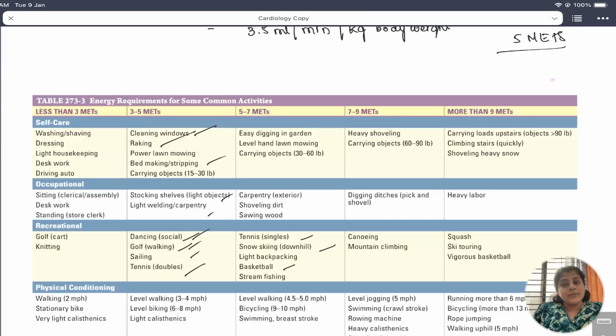Also, if the patient is performing any activity which is more than his capacity of metabolic equivalence, and if this activity is necessary, then just take nitrates before doing this activity to prevent angina. Is this clear? This is the importance of stress ECG.